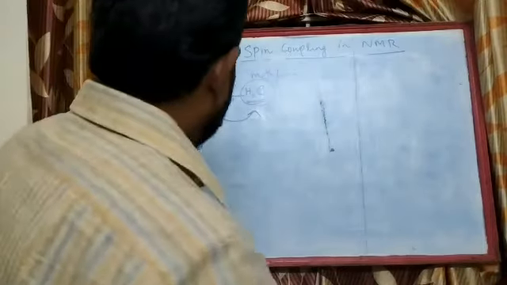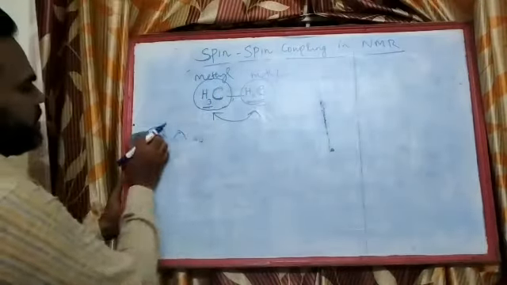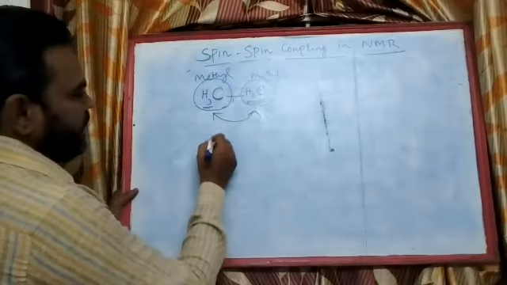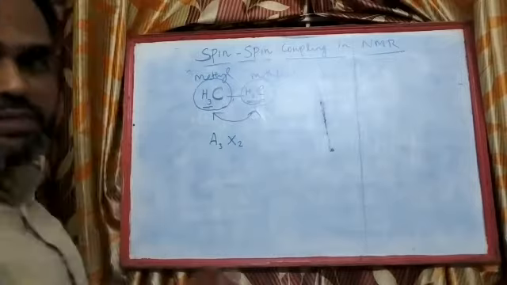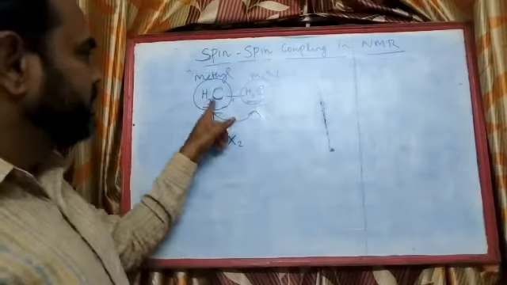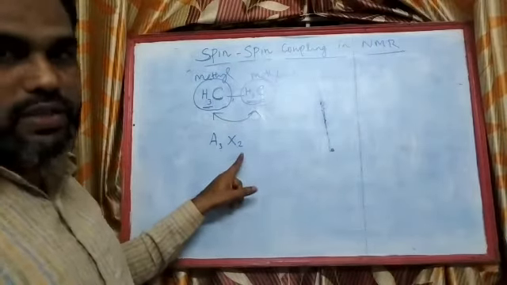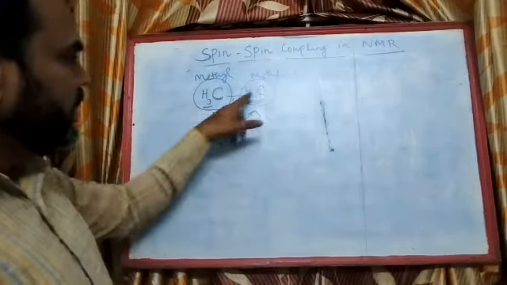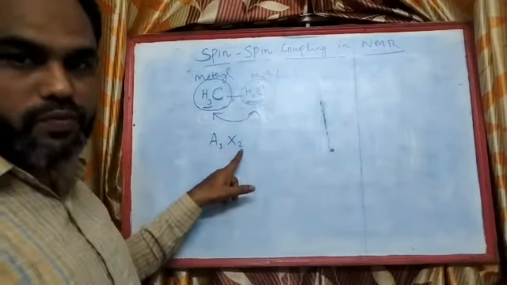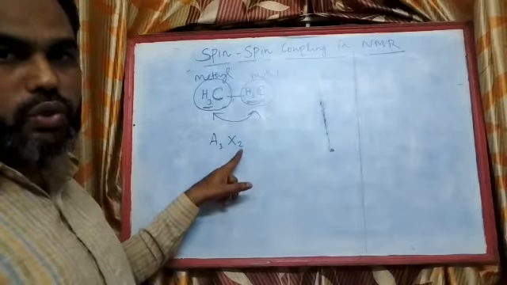So now how about the interaction between these two? This system can be considered as A3X2. For simplification, let us consider this system as A3 and X2. A3 corresponds to 3 protons, X2 corresponds to 2 protons.